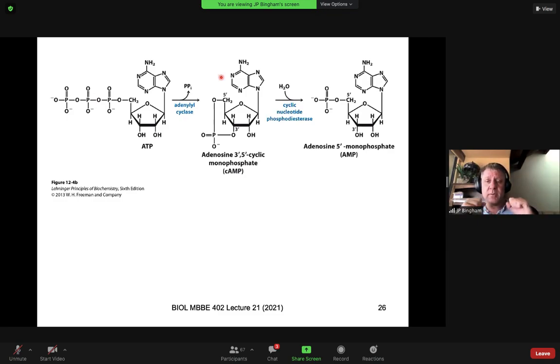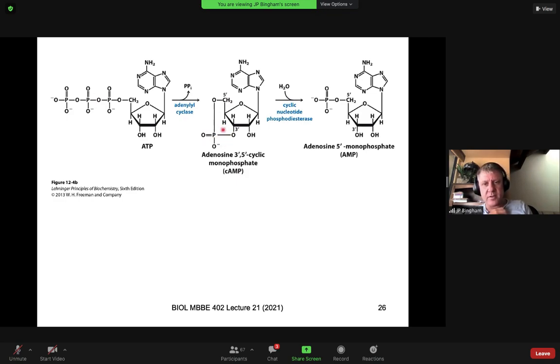So what we want to do is make sure it's short-lived, and we do that by using a cyclic nucleotide phosphodiesterase, utilizing molecular water, again, molecular water becoming a part of the reaction process, and causing the cyclic component here to be cleaved at the phosphate 3 position.